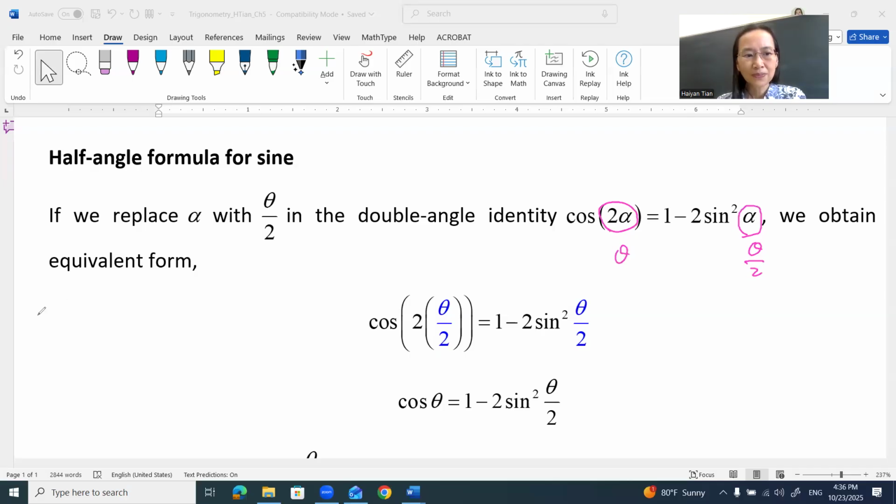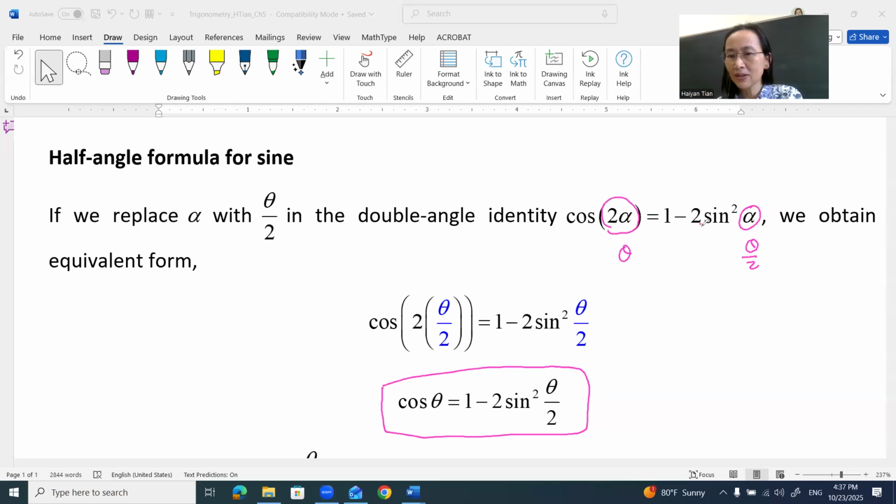So it's possible we write it differently to see this. If that is theta, then this is just half of theta. The formula becomes cosine theta equals 1 minus 2 times sine square half of theta.